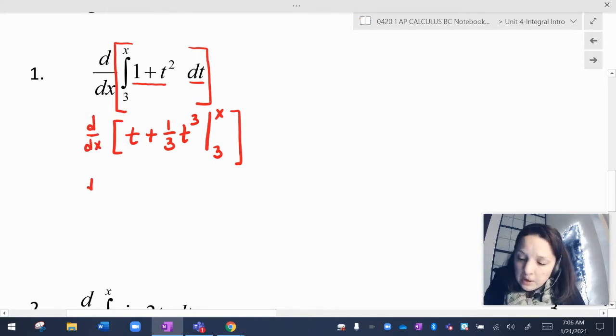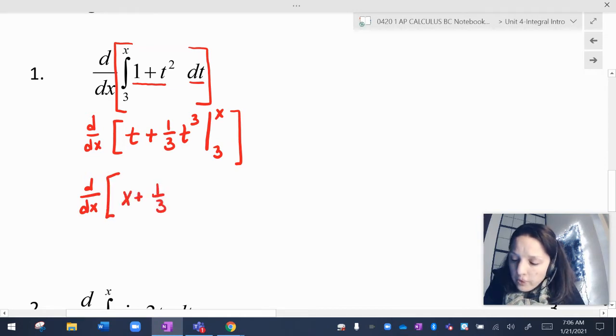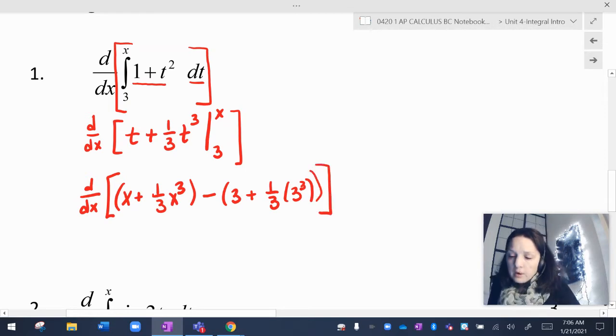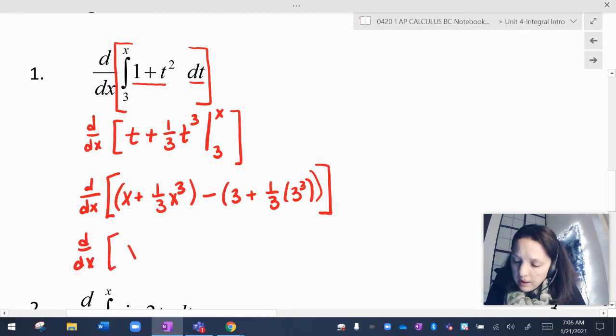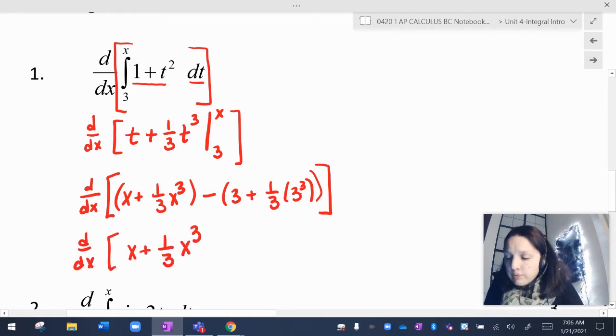So that means I'm going to have x plus 1/3 x cubed minus 3 plus 1/3 3 cubed. That's really going to be x plus 1/3 x cubed, and then 3 cubed is 27, a third of 27 is 9, 9 plus 3 is 12, so minus 12.